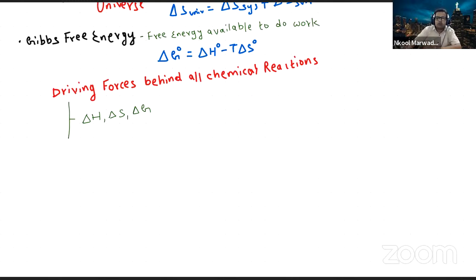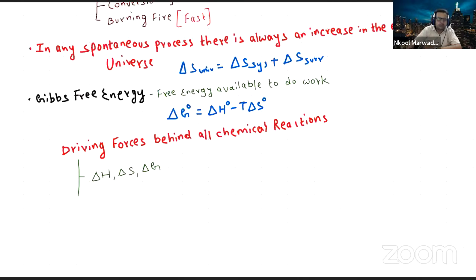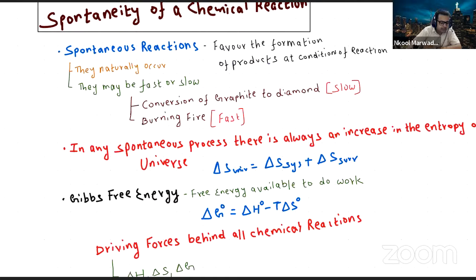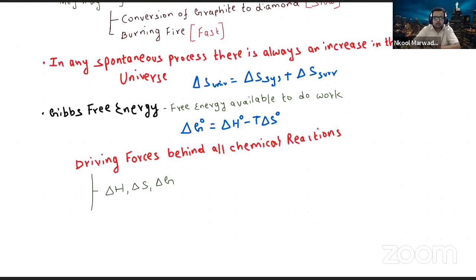And one more point I can write about spontaneous reactions. Spontaneous reactions always release free energy, and hence, for a spontaneous reaction, Gibbs free energy has to be negative.